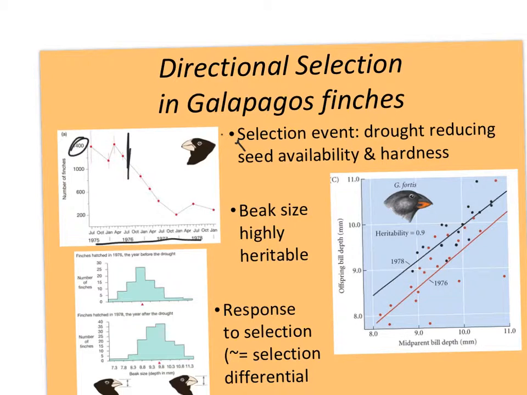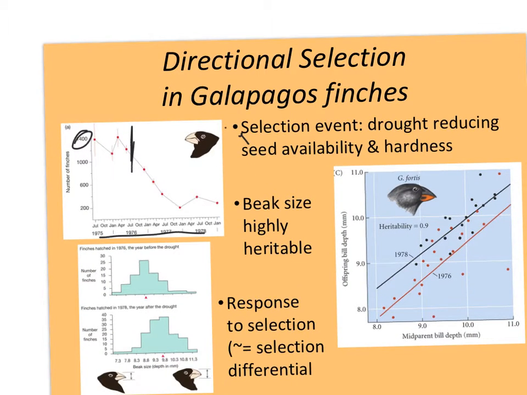And by the time we get to here, the only seeds left over, there aren't very many, but the only ones left over are really, really hard seeds that only the biggest beaks can actually crack.